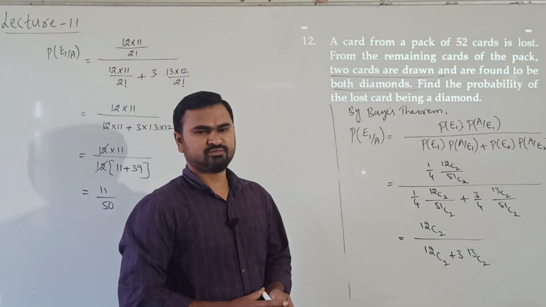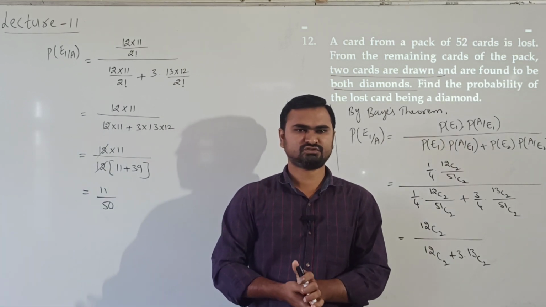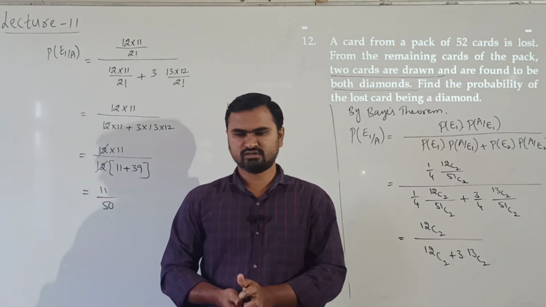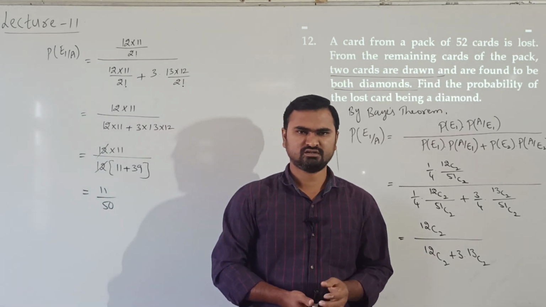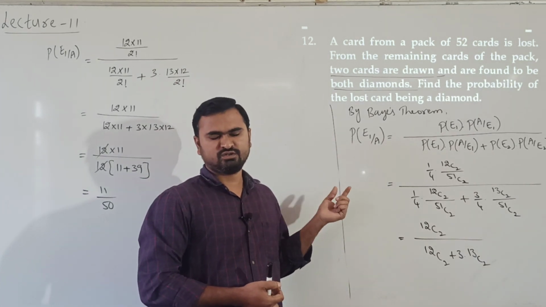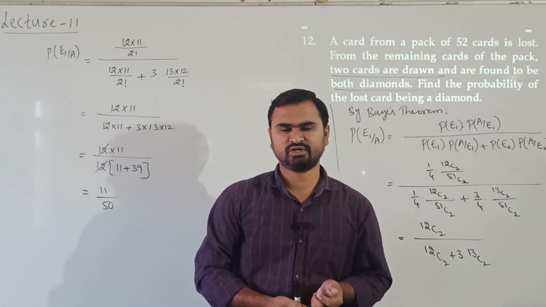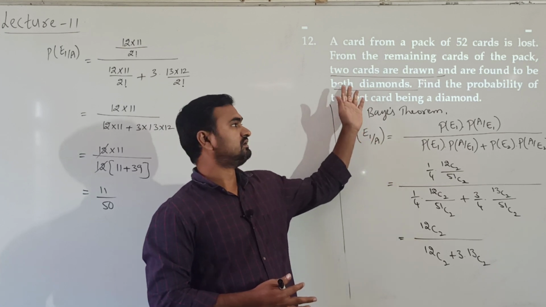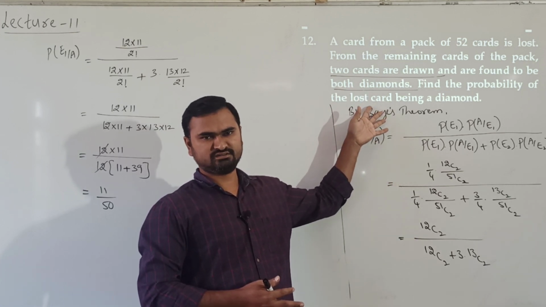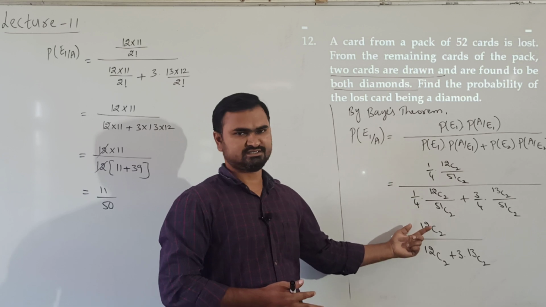Right. So these are the problems based on Bayes theorem. So try to go through all the remaining problems in the exercise and also the example problems. Okay. So these problems are easier. Only thing is you just have to think. We cannot solve the problem directly without observing and without understanding. So calculations are very less here.